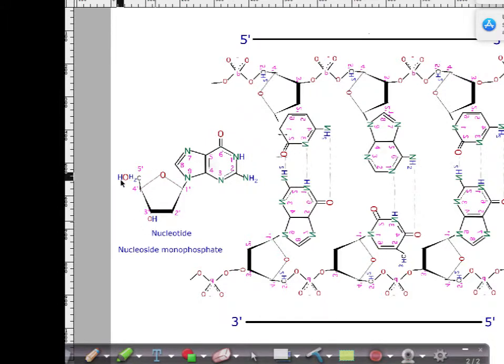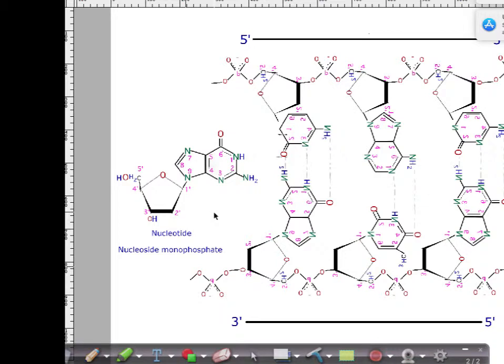So there are different naming strategies used for nucleotides and nucleosides. If we're talking about this particular molecule, where the nitrogenous base that we see here is a G, or guanine, then the nucleoside that we've currently got drawn here would be guanosine. It's a deoxy at the number 2 carbon, so it's deoxyguanosine.